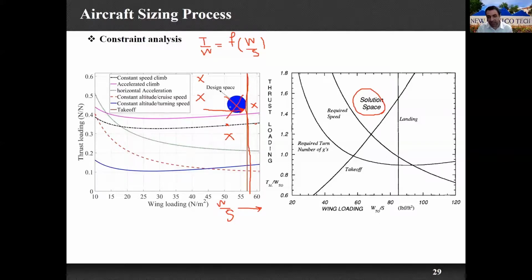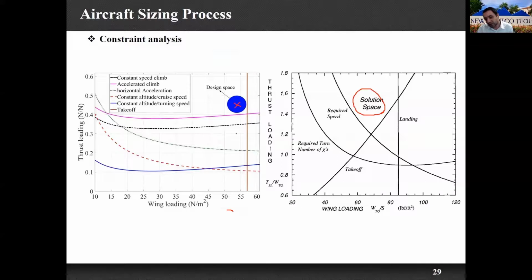So if I want to mention it here, we are selecting the points that can give us the maximum possible wing loading and minimum possible thrust loading where it is satisfied. For example, I can select a point here.